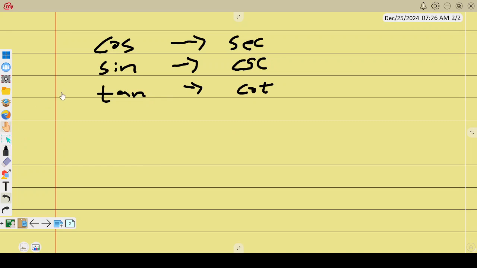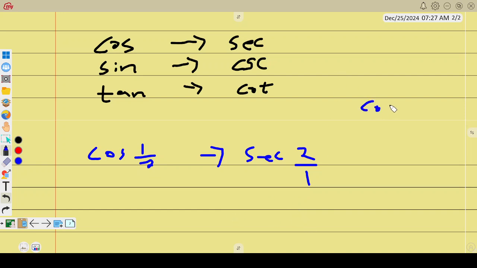So now what that relationship means is that when you have a fraction, you can actually turn it around. Let me give you an example. If you have cos 1 over 2, cos goes with sec, so they swap. Cos 1 over 2 is equal to sec 2 over 1. It's just like writing cos 1 over 2 is equal to 1 over sec 1 over 2.